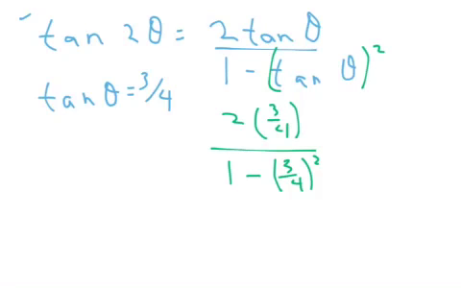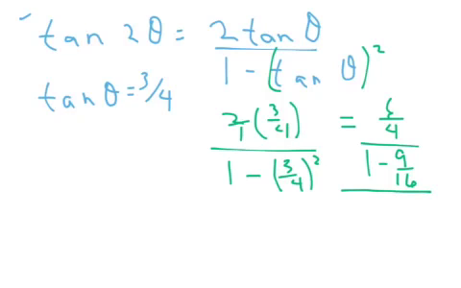Okay, now just clean it up. I'll put this in fraction form. So this is going to be 6/4 over 1 minus 9/16. And what I do when I see something like this, I've got the same denominator, right away, and I usually do it at this step, I'm going to change this 1 to 16/16, because that equals 1.